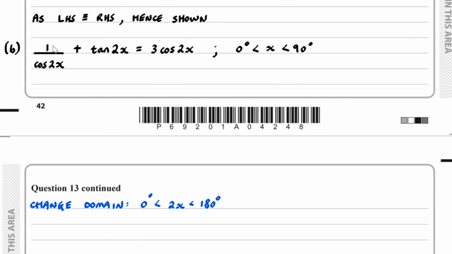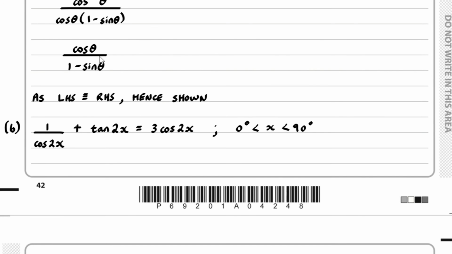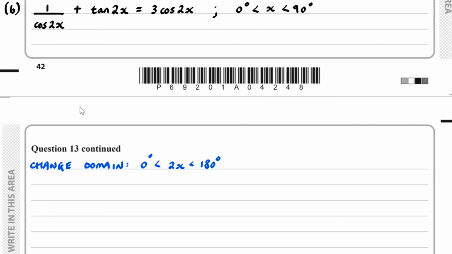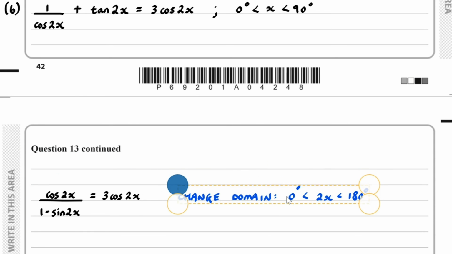Now, 1 over cos 2x plus tan 2x, using the result which we wanted to show, we can then say for our equation we have cos 2x over 1 minus sin 2x equals 3 cos 2x. In fact, let's move this over here.